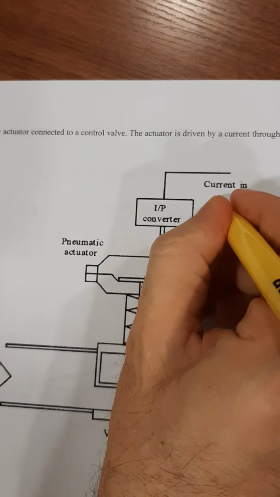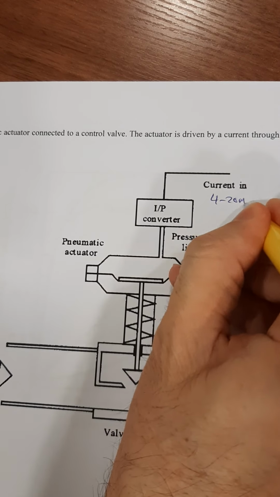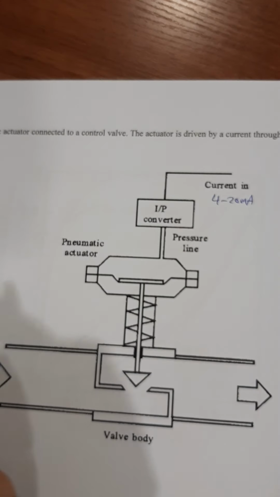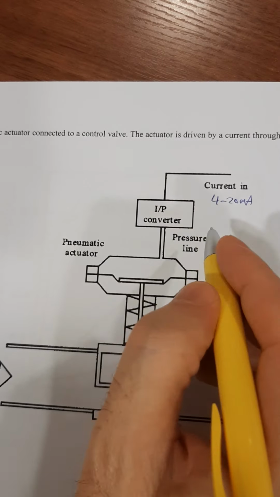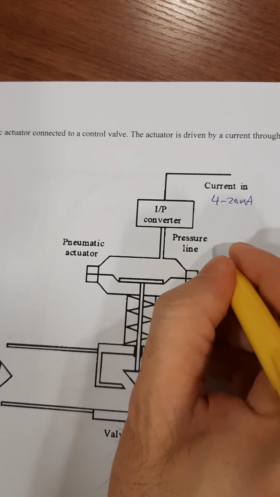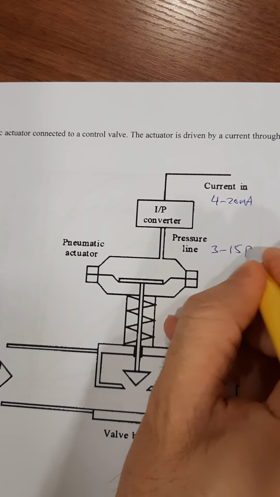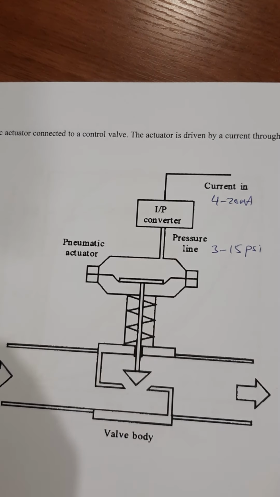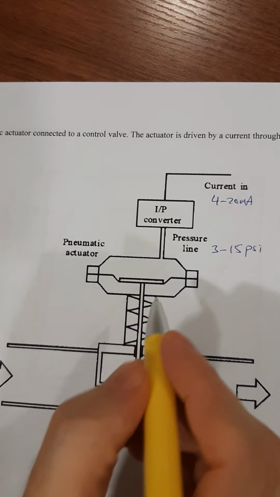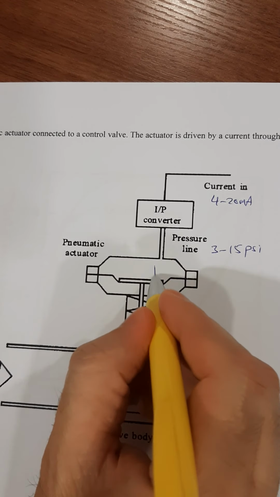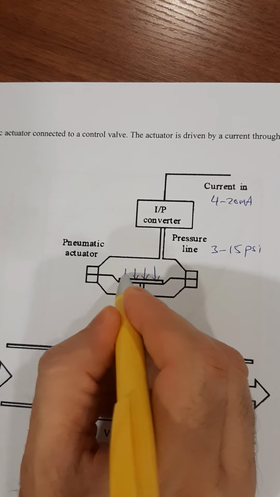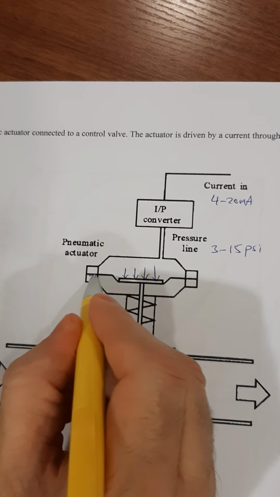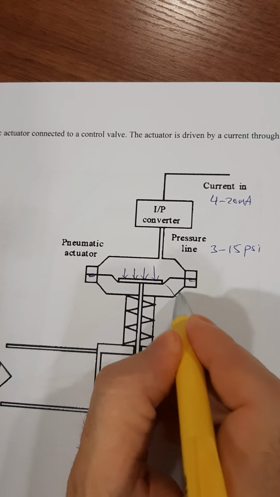It is usually 4 to 20 milliamps. This converter converts the current to pressure from 3 to 15 psi, which is the industry standard, and then the pressure here is converted to force applied to this diaphragm, which is fitted between these two bowls. This is the diaphragm.